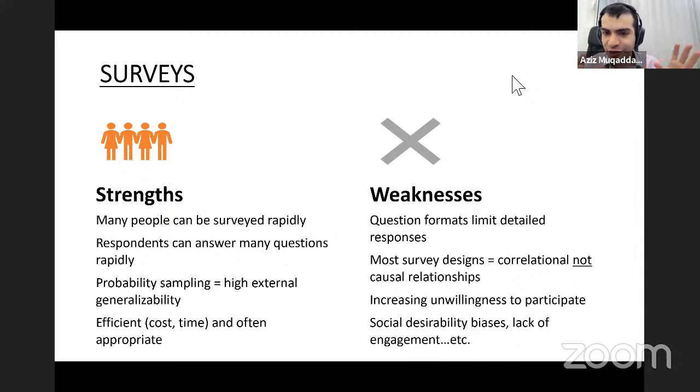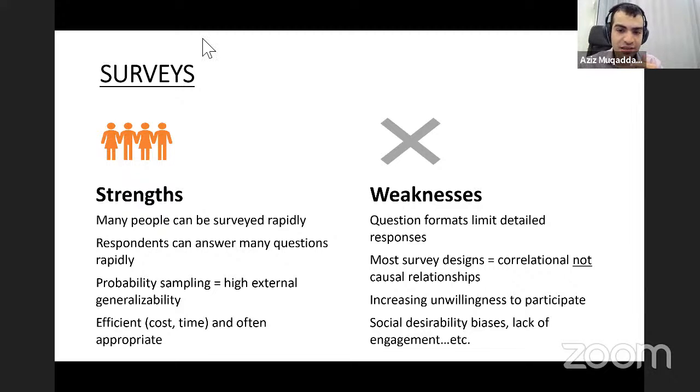As we saw with interviews or content analysis, right? So those were limitations or weaknesses, as you recall, for qualitative research, and the opposite now is true. So what was a limitation for qualitative research is actually one of the strengths of quantitative research, specifically survey in this case.